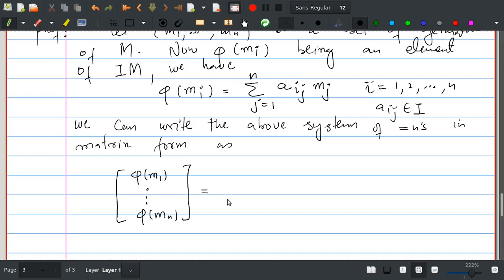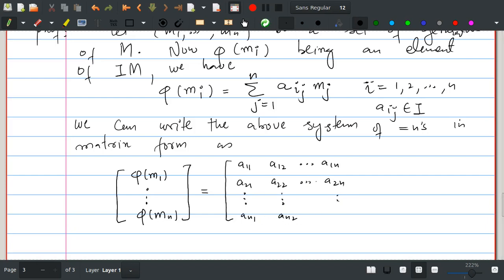So this is going to be equal to the matrix with rows a11 a12 through a1n, then a21 a22 through a2n, similarly an1 an2 through ann, and we have this vector here m1, m2 through mn.